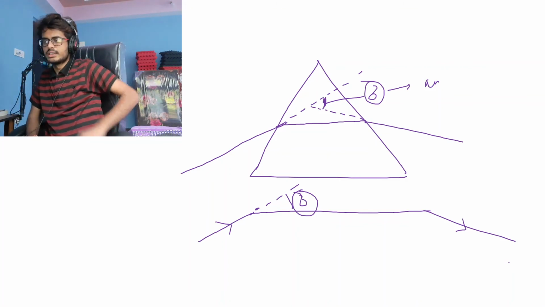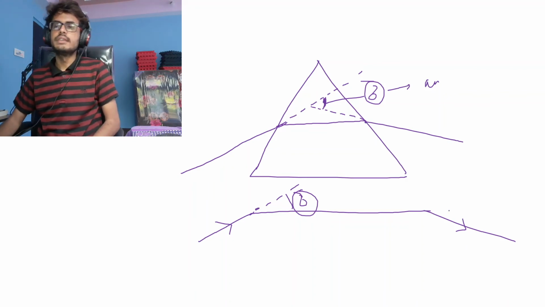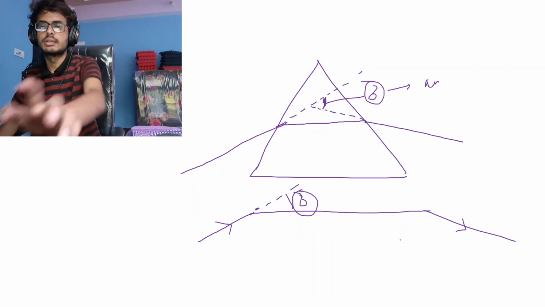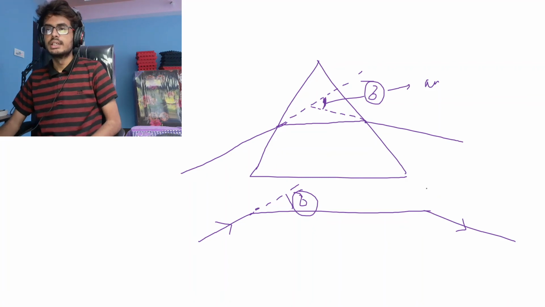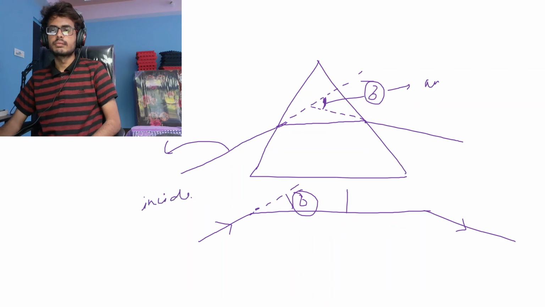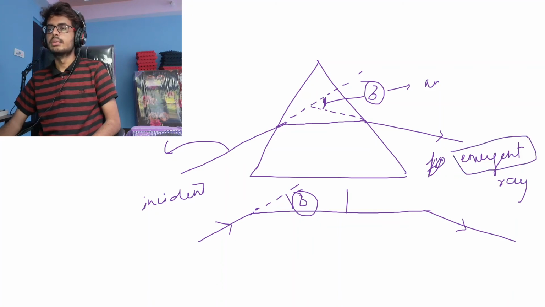So the simple way of naming the rays for prism related concepts. In a prism we denote this ray as the incident ray, this as the emergent ray, the ray that emerges out, right? And this ray is known as the refracted ray.